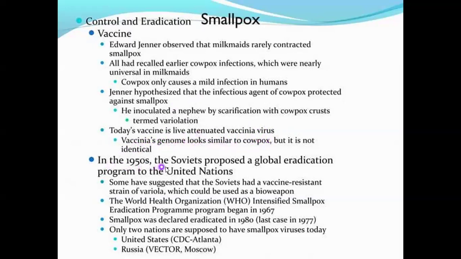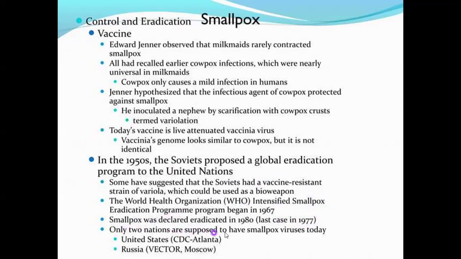In the 1950s, the Soviets proposed a global eradication program to the United Nations. Some have suggested that the Soviets had a vaccine-resistant strain of variola, which could be used as a bioweapon. The World Health Organization intensified the smallpox eradication program, which began in 1967. Smallpox was eradicated in 1980. The last case reported was in 1977.